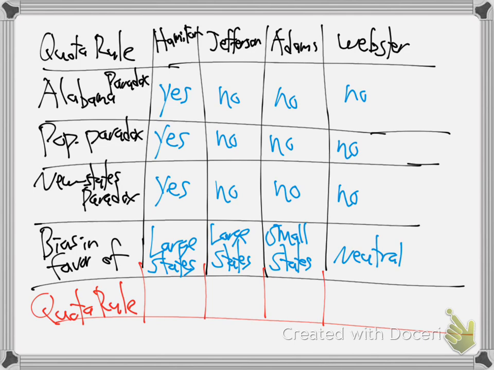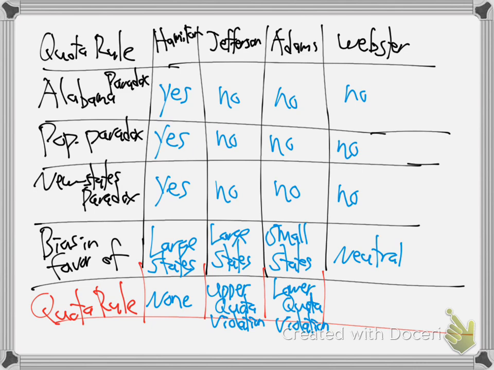Webster is not biased, neutral. And then the quota rules: none, upper quota violation, lower quota violation, upper and lower quota violation. All right, so that's like the big chart we had on the last exam, right?